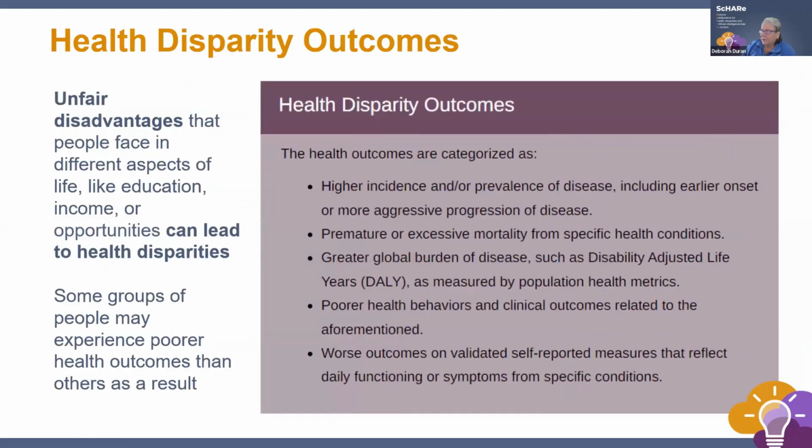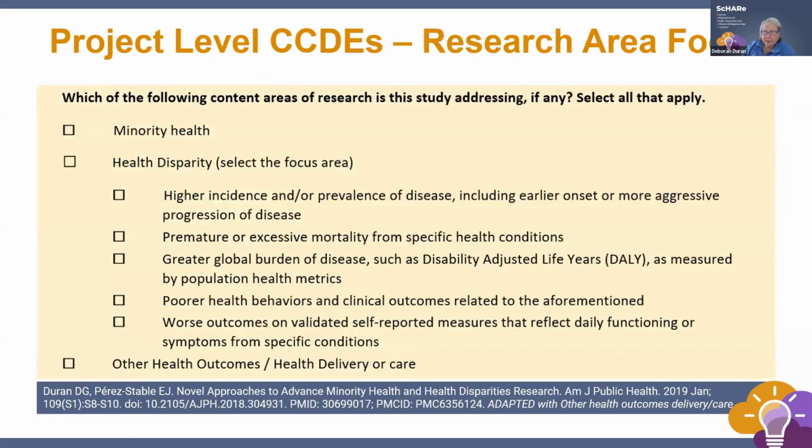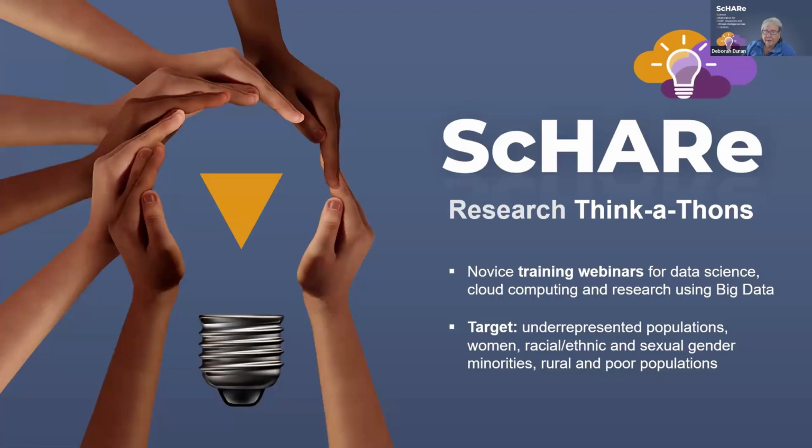These are the health disparity outcomes that when you put into the repository, you have to pick one of these. So this is a way that we are operationalizing what kind of health outcomes research you are doing. And this is what the question looks like. Are you doing minority health research, health disparities research, or other health outcomes and healthcare delivery research? And then you pick one of these. And Elif will go over that later.